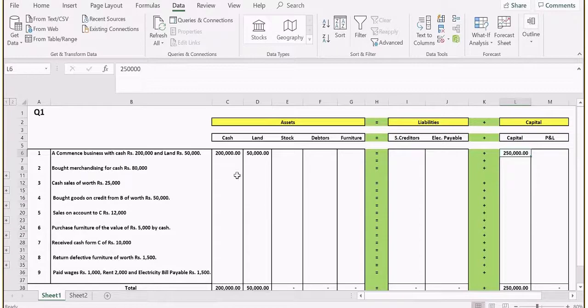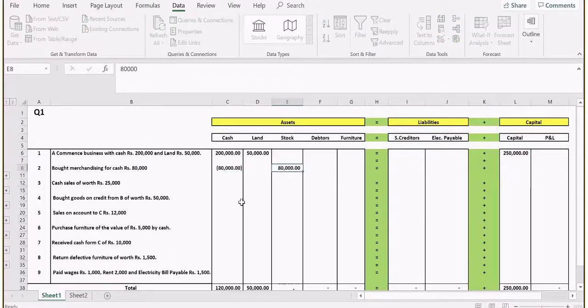The second entry is A bought merchandise for cash rupees 80,000. Now the business is started and it started trading. Before trade, the business is purchasing 80,000 worth of stock, which means the business is paying 80,000 for the purpose of purchasing stock.